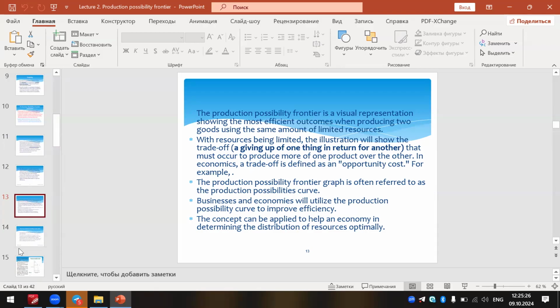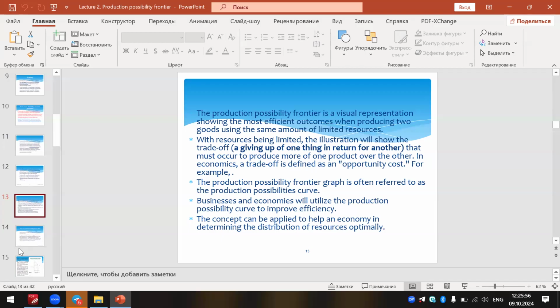The production possibility frontier graph is also referred to as a production possibility curve. Либо это граница производственной возможности, либо кривая. Вот вам концепция, да? По-разному можно эту концепцию назвать. Businesses and economies will utilize the production possibility curve to improve efficiency.